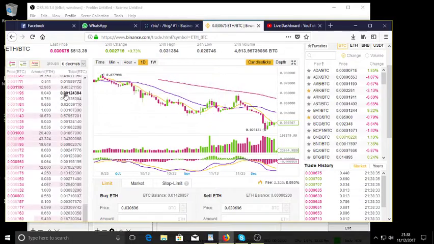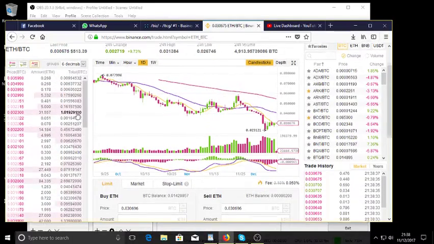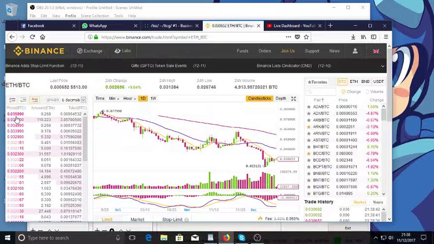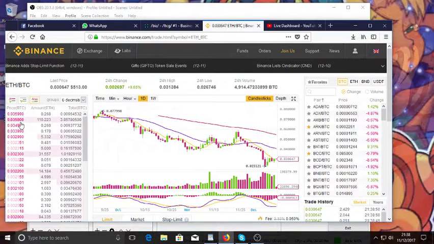Now, if I open up all the order books here, you can see that Ethereum has a price ceiling of about 3,500. There's a $110 Ethereum order at 0.035 Bitcoin.